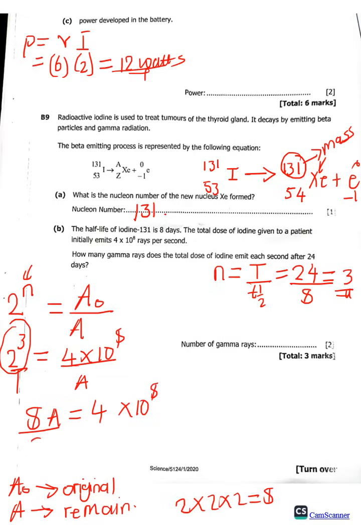We divide by 8 and also here by 8. So A is equal to 4 times 10 to the power 8 divided by 8. This is the same as 5 times 10 to the power 7. So this was the remaining value.